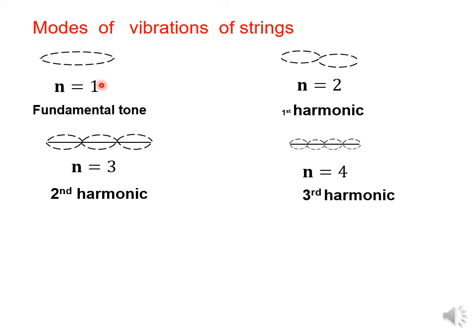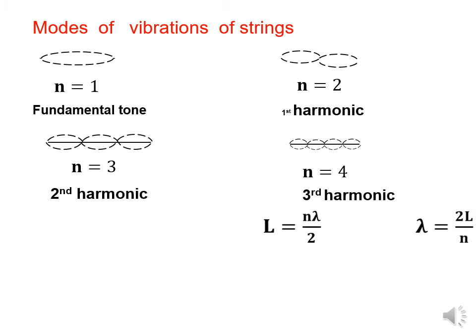If we have 1 segment, we have the fundamental tone. With 2 segments, the first harmonic tone. With 3 segments, the second harmonic tone. With 4 segments, the third harmonic tone.